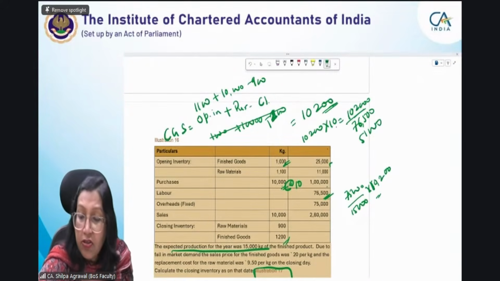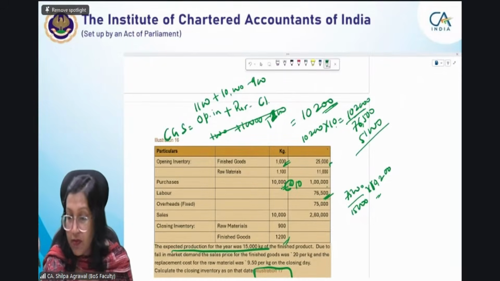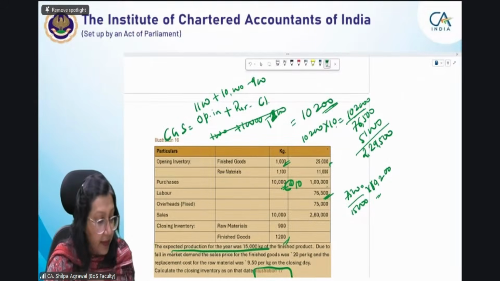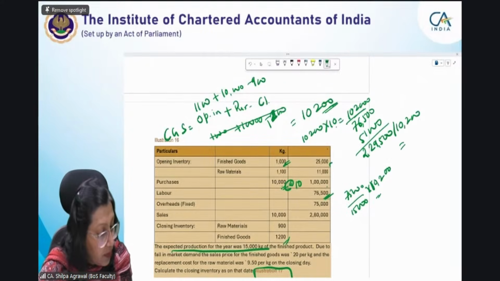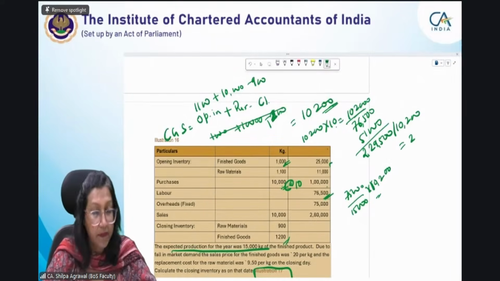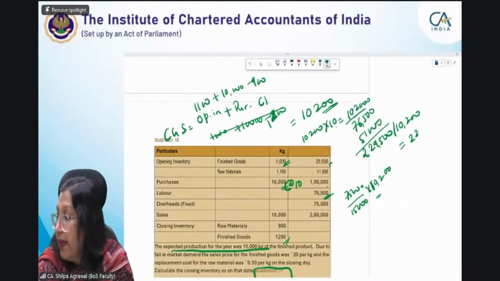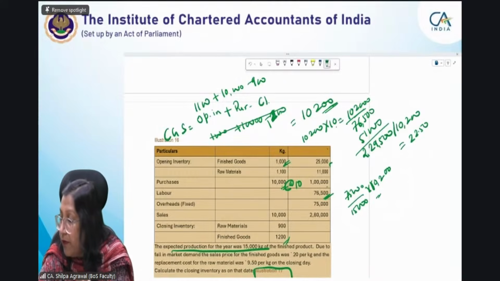So we get the cost of inventory as 1,02,000 plus 76,500 plus 51,000. It comes to 2,29,500. Now divided by 10,200, we get per unit cost, which arrives at rupees 22.5. Is it okay till this point?